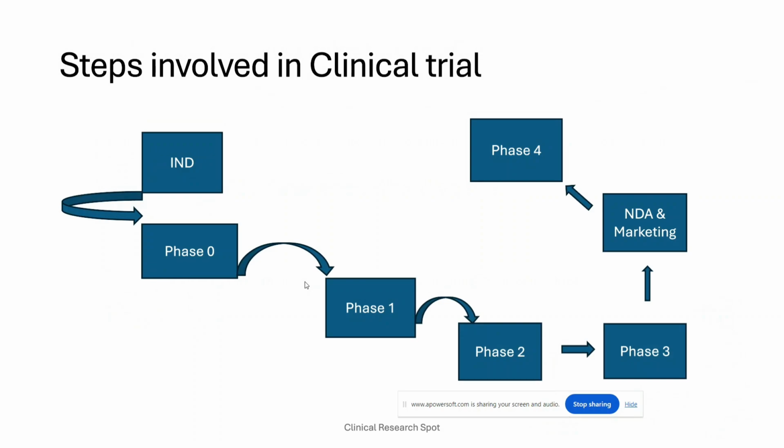The results from these phases will show whether the new drug or treatment is reasonably safe and effective. As you can see, we start with IND, then go to phase 0, phase 1, phase 2, phase 3, then the NDA submission and marketing of the drug, and the last one, phase 4.